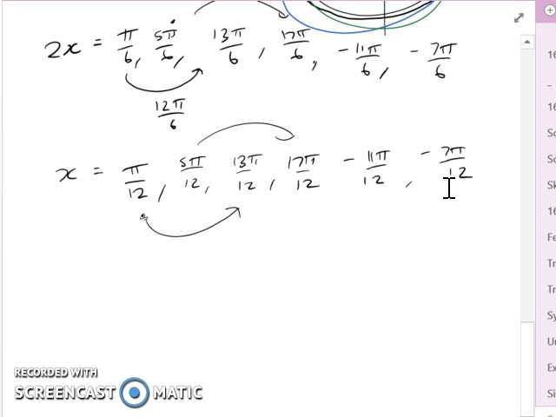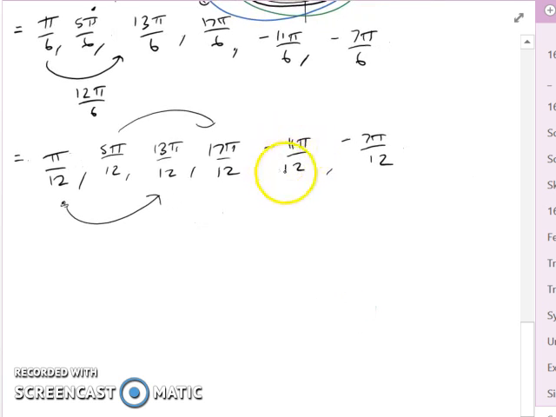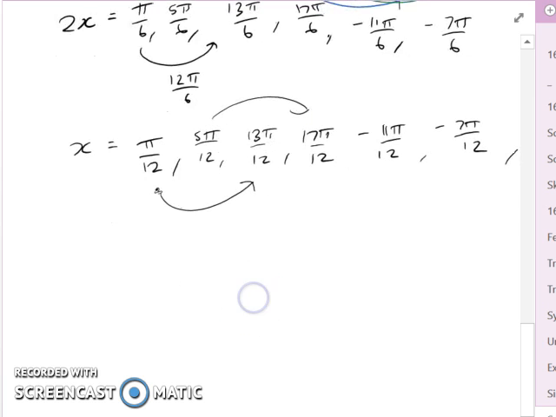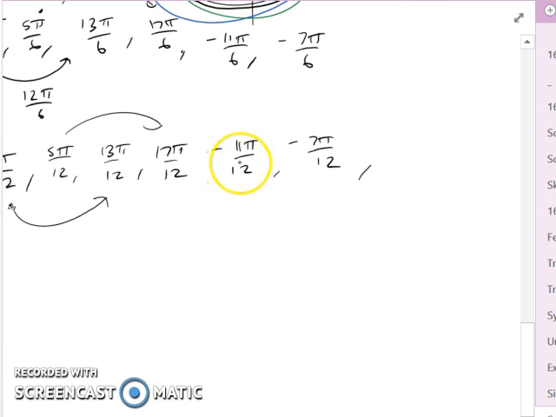What are the 2 missing values? That one goes around 1 full revolution, which is pi, because I've already divided by 2 here. So it should be negative 23 pi on 12. Is that right?